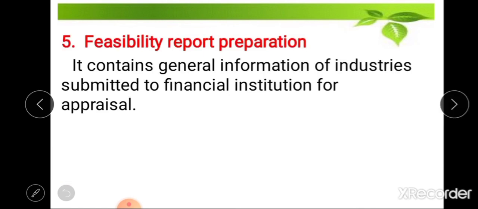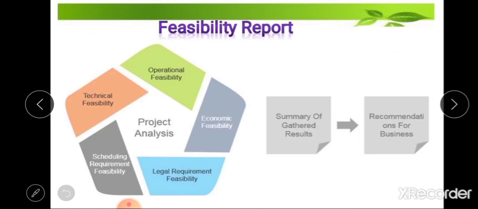After that, next fifth step, that is feasibility report preparation. So this feasibility report contains general information of the industry, submitted to the financial institution for appraisal of loan. Okay, so this feasibility report includes different analyses: technical feasibility analysis, operational feasibility analysis, economic feasibility analysis, whether the legal requirements of the project are fulfilled or not, then scheduling requirements of that particular project.